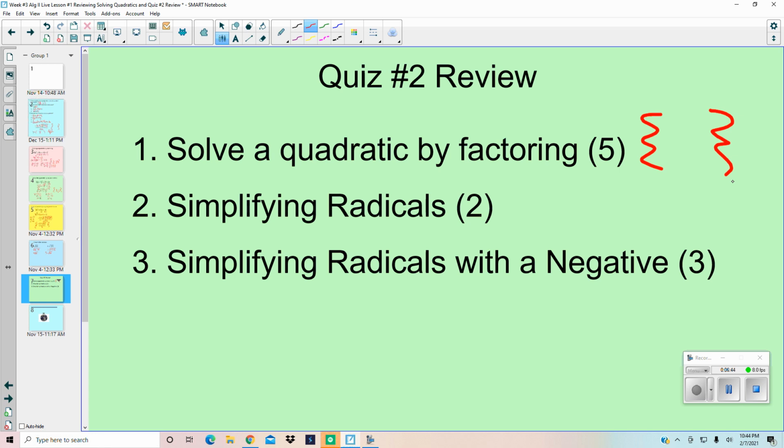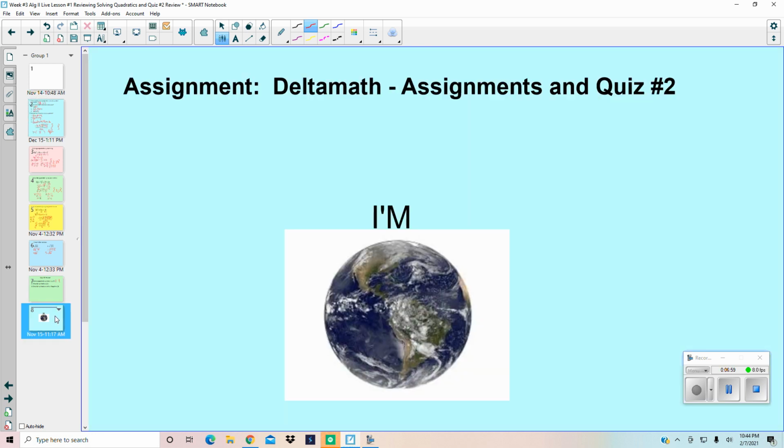And then simplifying radicals, there are 2 of those where there'll be a perfect square to take out. And then simplifying radicals with a negative underneath, there are 3 of those. So you're going to be going to Delta Math and not joining the meet because I won't be there, and work on those assignments and then do quiz number 2, which is available on Wednesday.